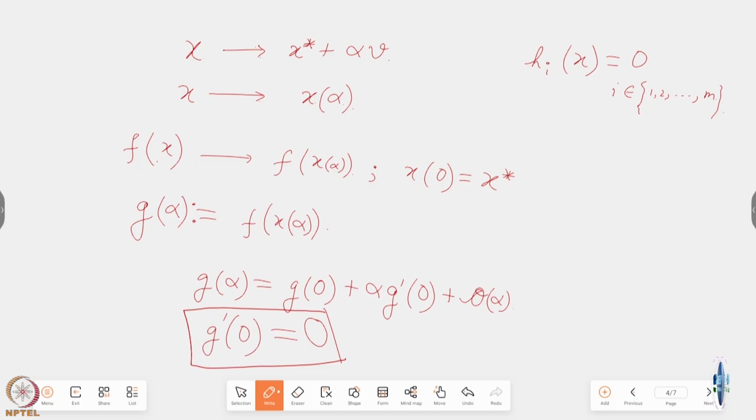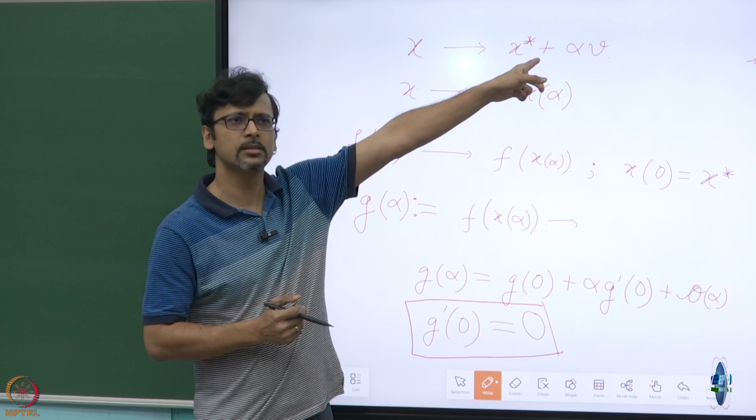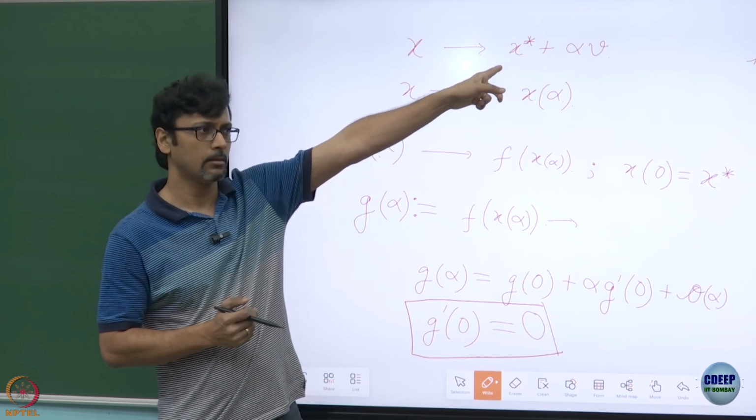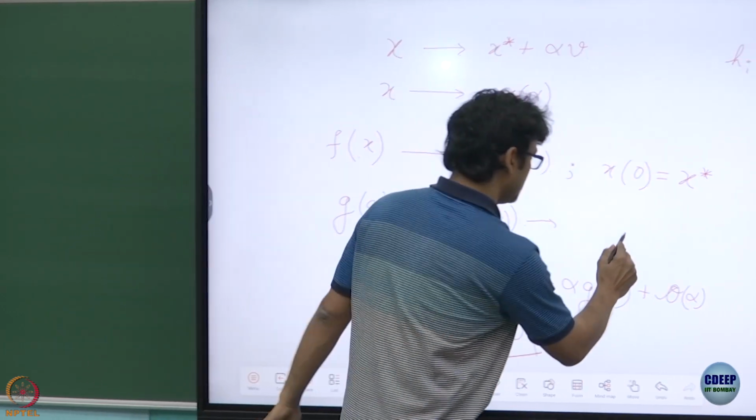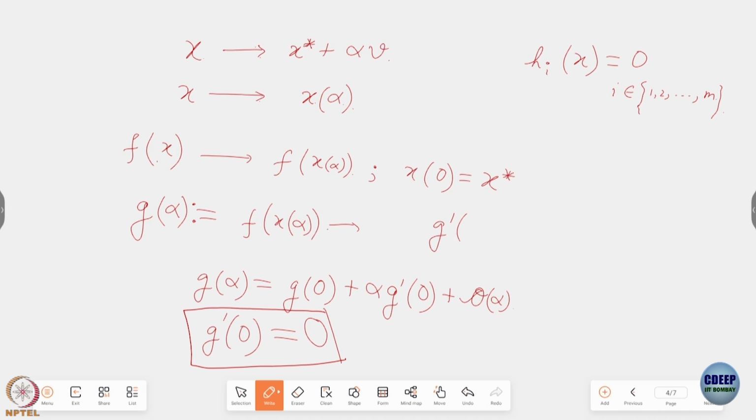The moment we have G prime 0 equal to 0, we have to translate it back in terms of F. And what does that lead to? Based on this equation here, again you have to use the chain rule. There is no explicit characterization of x of alpha such as this. So what is the rule then? G prime alpha is equal to, once again chain rule, right?